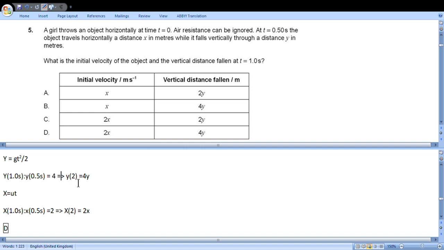So y2 will be 4y1. Horizontally it moves at constant speed, so x equals ut. When we divide x at 1 second by x at 0.5 seconds, time is increased 2 times, so factor is 2. So we choose answer D, 2x and 4y.